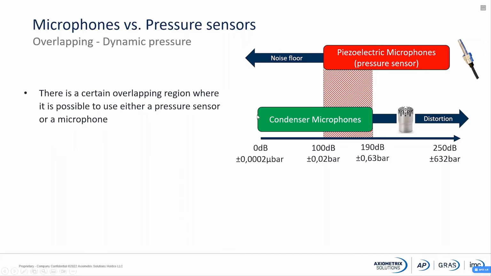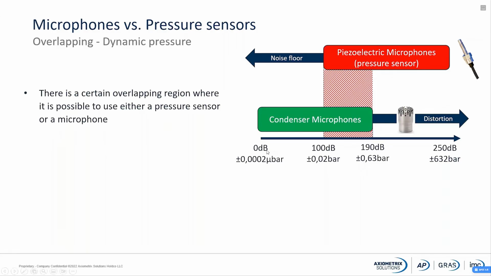And if you take a condenser microphone, what is the range for that? Well, it is a little bit below 0 dB for some of them, and it goes up roughly to 194 decibel, which is the loudest sound wave.